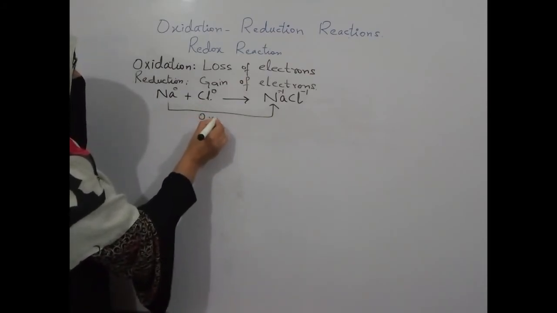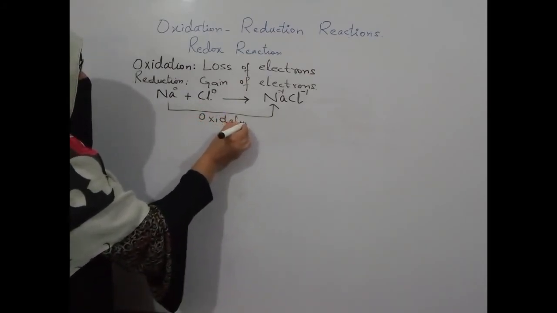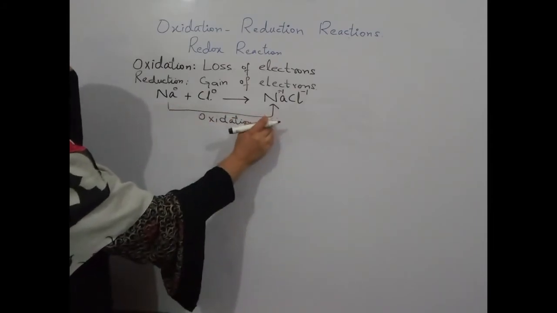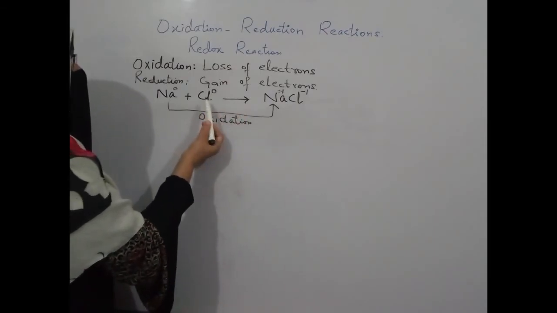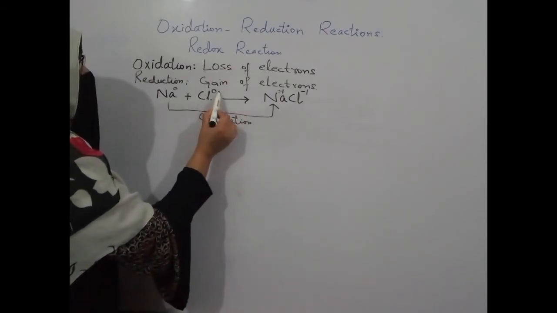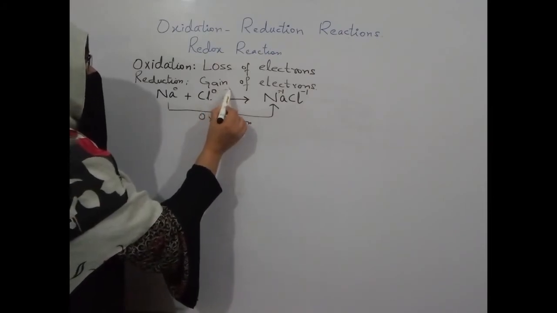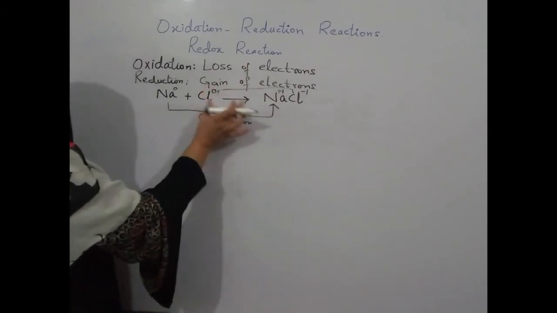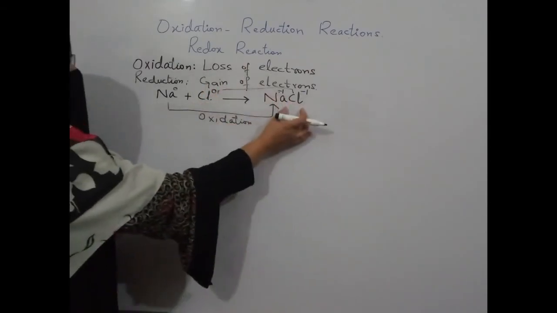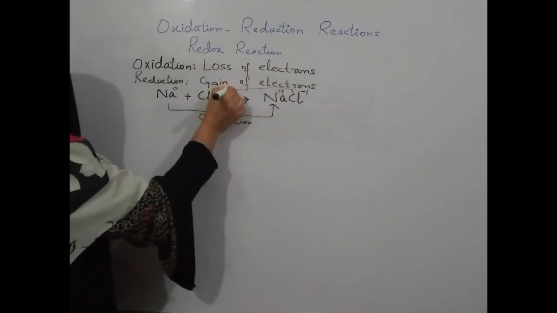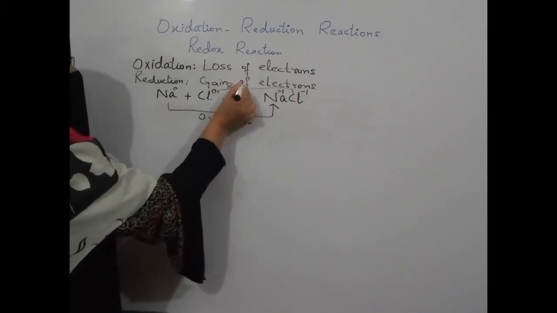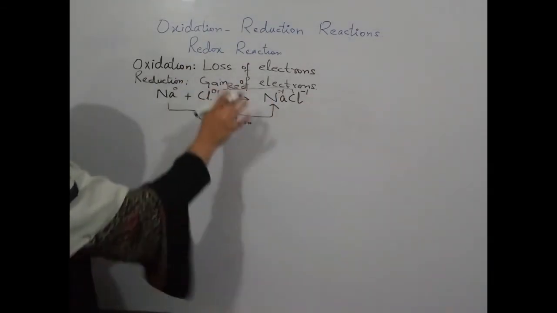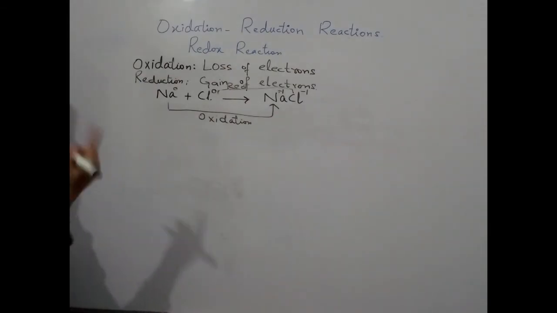So here is the oxidation process between sodium and sodium ion. In the case of chlorine, it is 0 here and gains 1 electron, and chlorine to chloride is the reduction reaction.